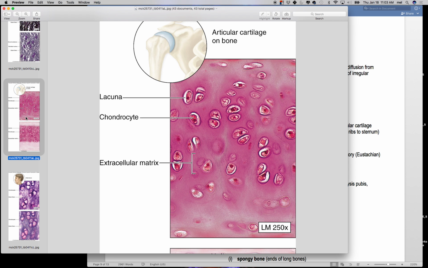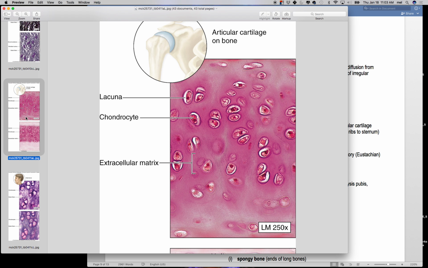Lacuna. Plural is lacunae. Lacuna means little lake. So what you're going to have in cartilage is a bunch of these with matrix between them. There are always fibers in the matrix. They don't always stain, but if you want a tissue to be strong, you better put some collagen and maybe elastic fibers in there. So even if it doesn't stain, it definitely has collagen or elastic in it, okay?